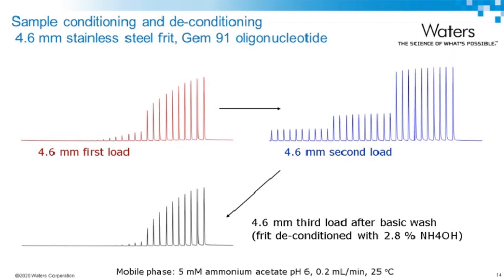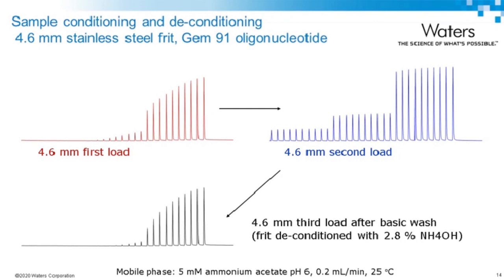Then we reconnect the frit into the mobile phase stream and perform the experiment with loading of oligonucleotide again. The black chromatogram shows you what happens. There is again very apparent adsorption, and it's almost like the frit is fresh and unused.